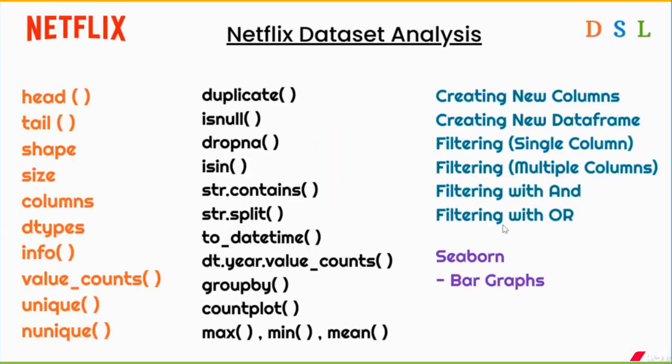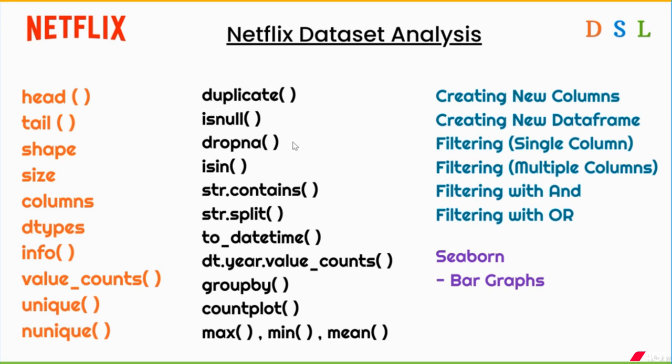In this project, we will analyze the Netflix dataset, and we will use these commands and functions: head function, tail function, shape, size, columns, dtypes, info function, value counts function, and unique function. To remove the duplicates, we will use the duplicated function. To find the null values, we will use the isnull function.